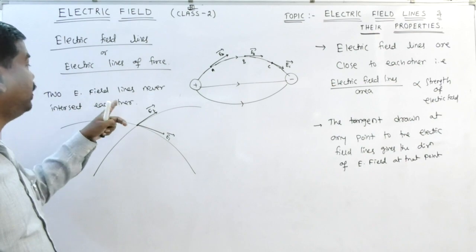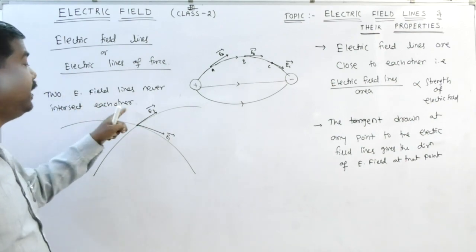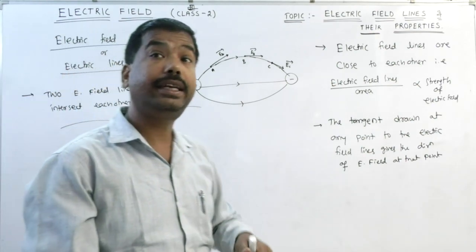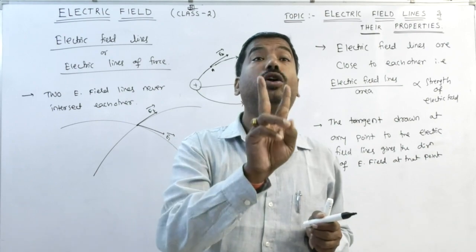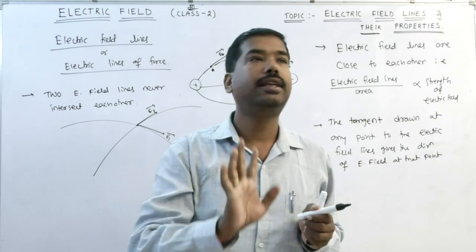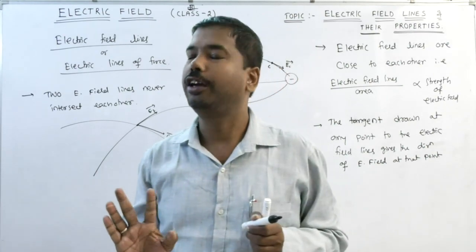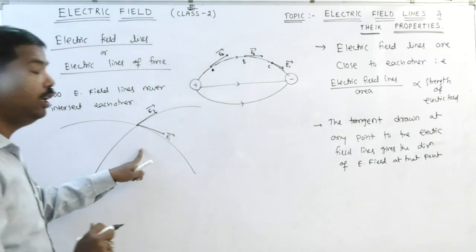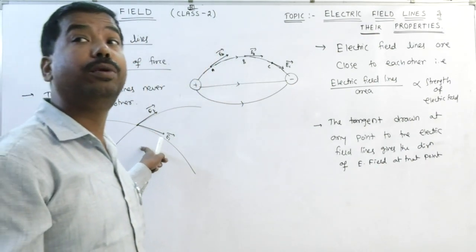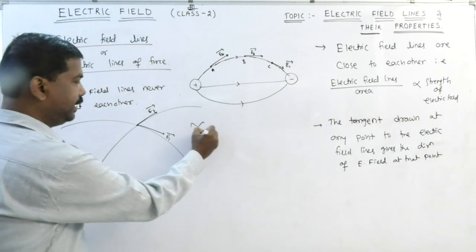If they intersect at the common point, there will be two tangents, that is two directions of electric field, which is impossible. So it is not possible.